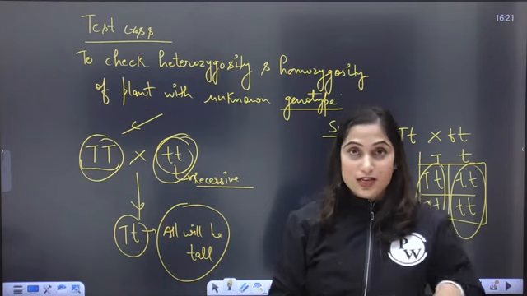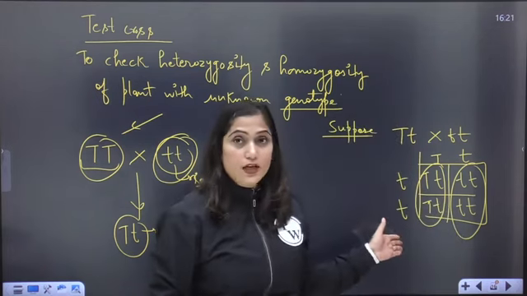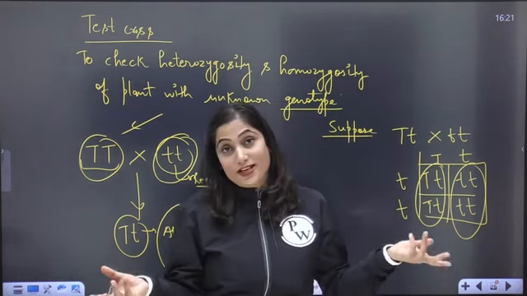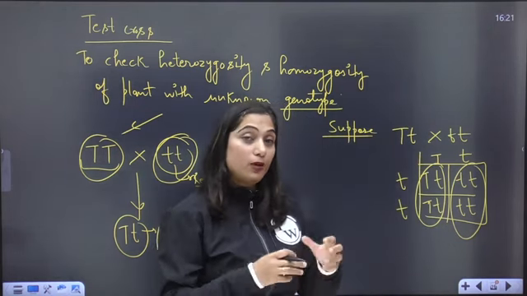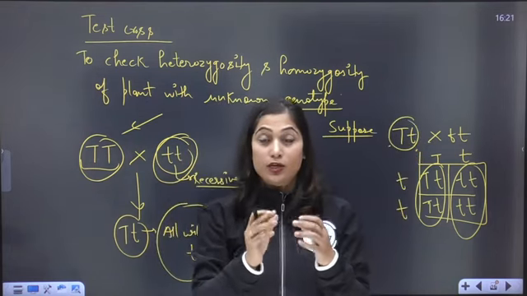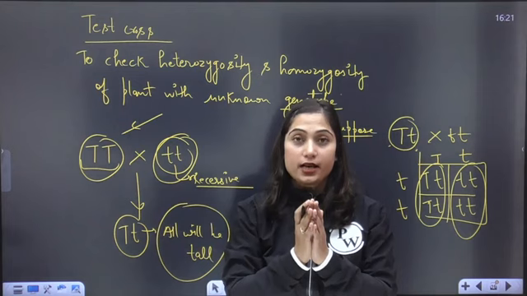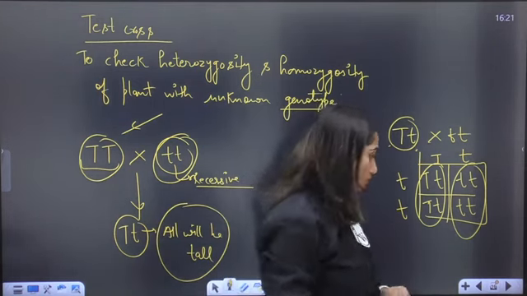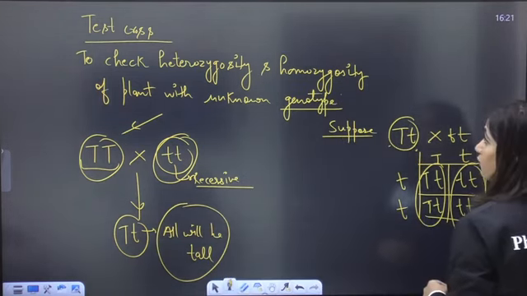And if the result shows that half of the individuals were tall and half were dwarf, the plant's genotype was capital T small t. So this is how test cross is used to know the homozygosity and heterozygosity. Now let's move further.